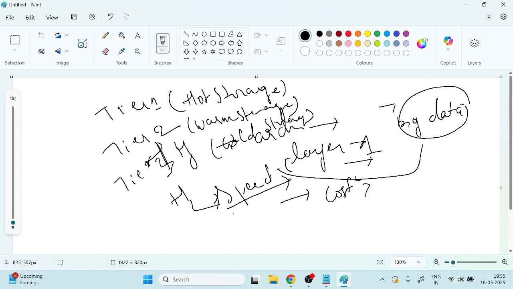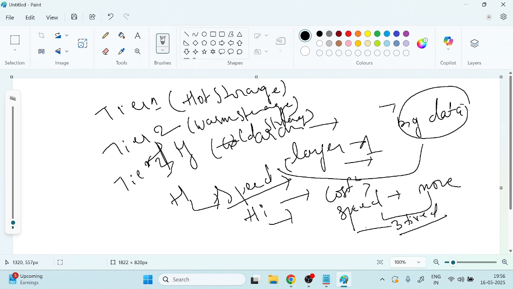So simply you can say that hierarchy model storage means it will accept data with speed and more storage, and it will accept 3 tiers of data. What are 3 tiers of data? Hot storage, warm storage as well as cold storage.